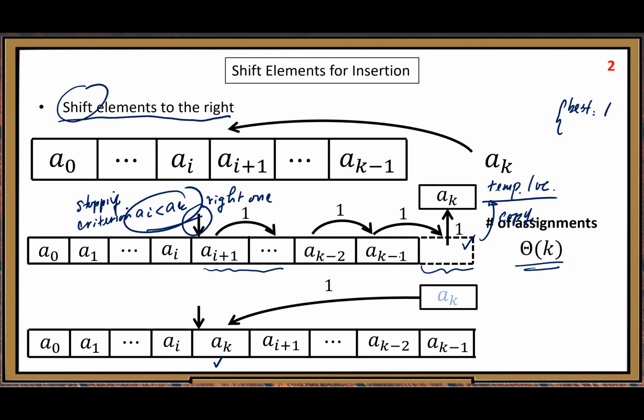After you compare with A sub k minus 1, it is not greater than A sub k, so you put it back to its original location. You're done, the insertion completes. But in the worst case, you need to compare with all the elements in the current array. That's k comparisons. If we use the asymptotic notation, we can say big theta of k.